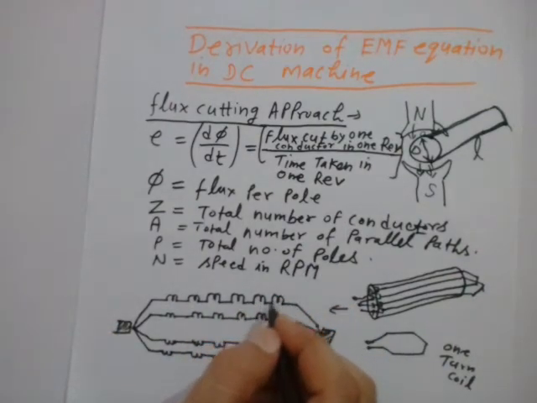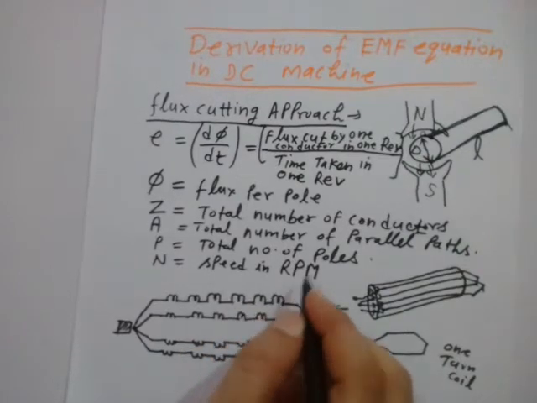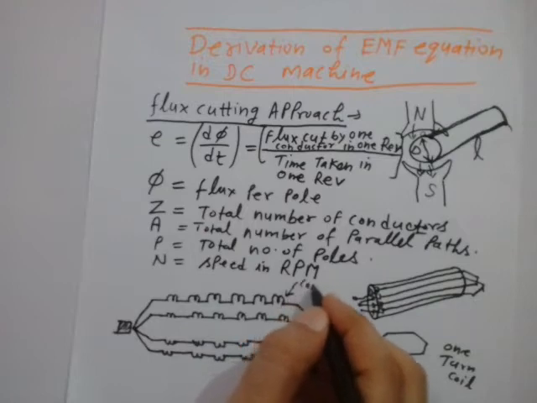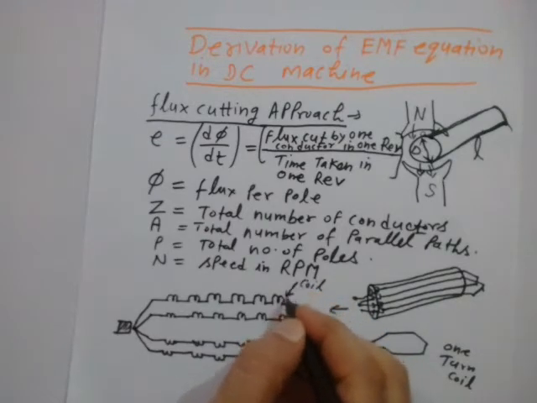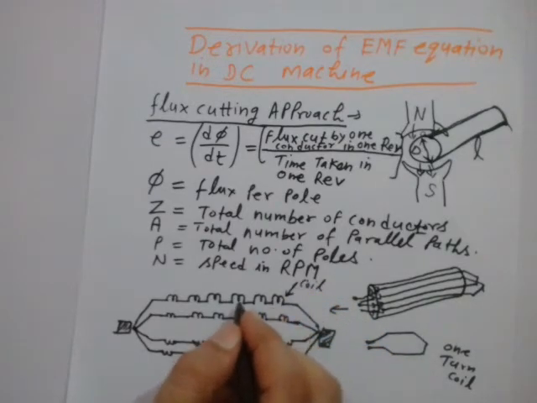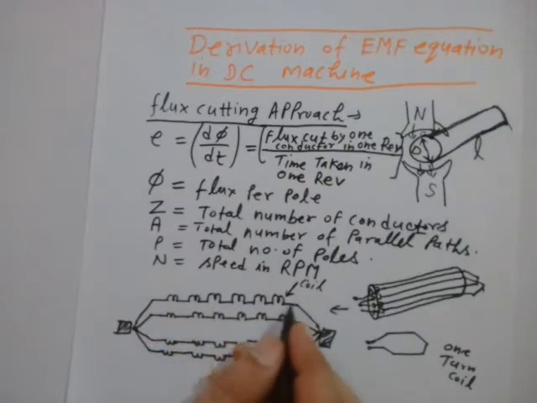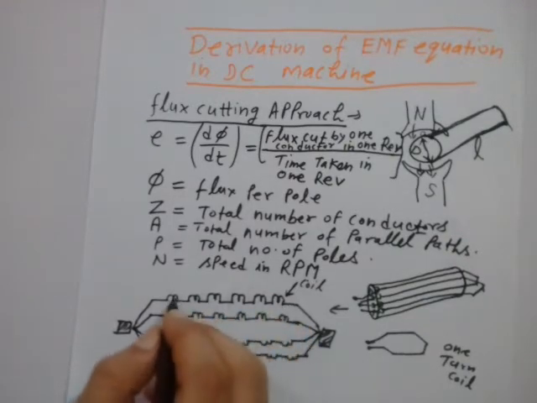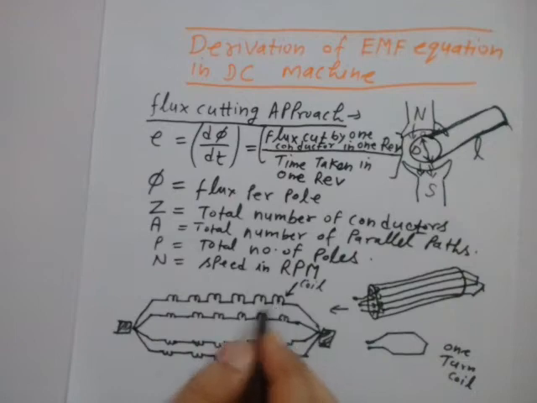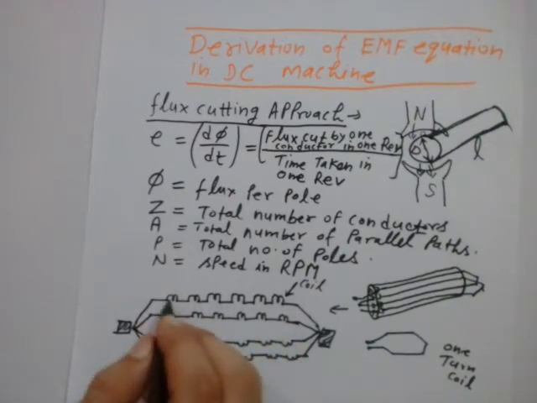Now what are these which you are seeing? These are basically coils, right? This is one coil, this is another coil, this is another coil. Likewise there are so many coils. For simplicity, let me take only 6 coils which are connected in series.